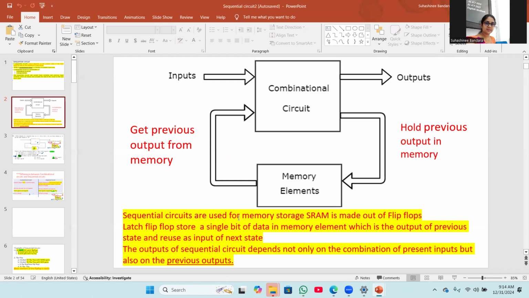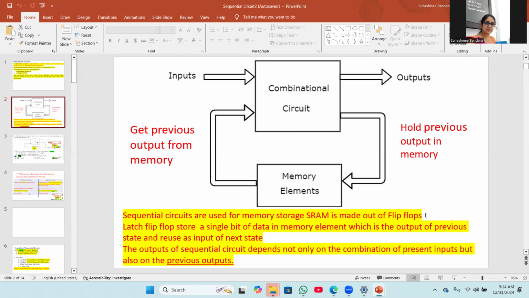Okay. So sequential circuits are used for memory storage. SRAM is made out of flip-flops, so memory storages are made out of flip-flops. A flip-flop consists of the memory element. A latch flip-flop stores a single bit of data in a memory element. In our syllabus, we will discuss the latch flip-flop.